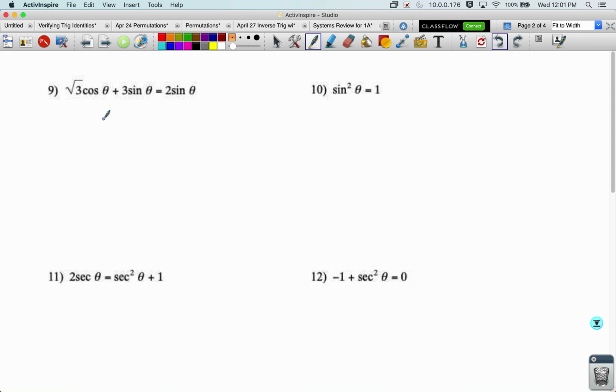Number 9 looks kind of tricky because I've got sine and cosine, but neither is squared. So I'm going to struggle to use the Pythagorean identity, but I could use a different identity. I'm going to divide both sides by 2 sine to get started.